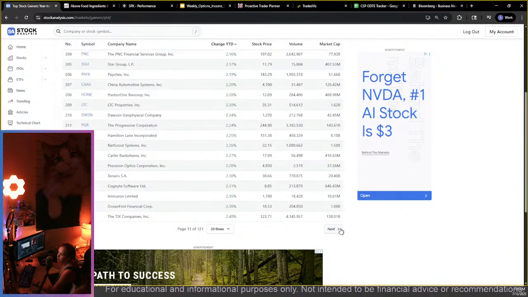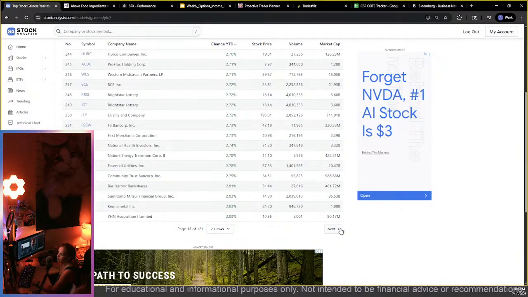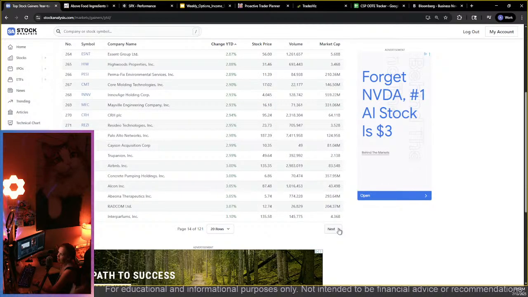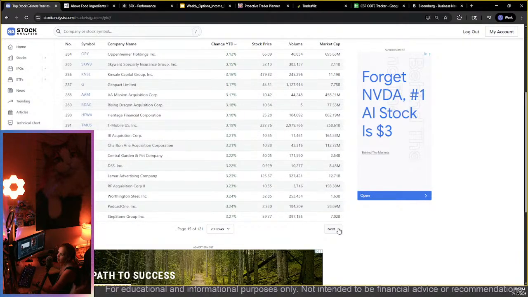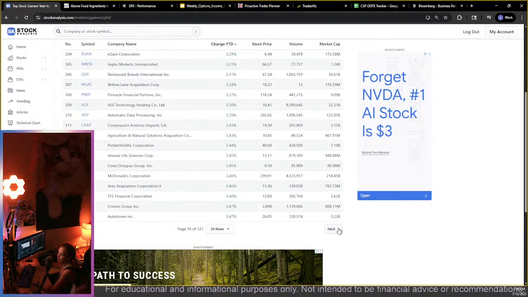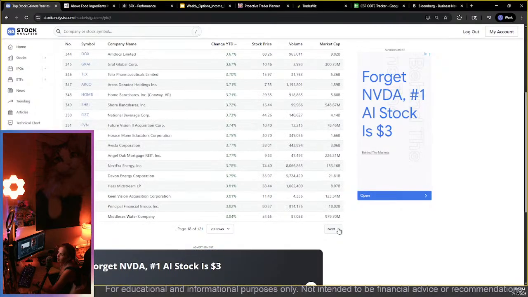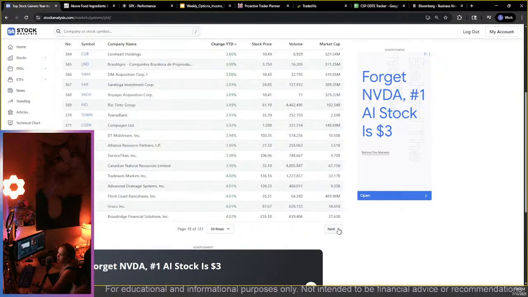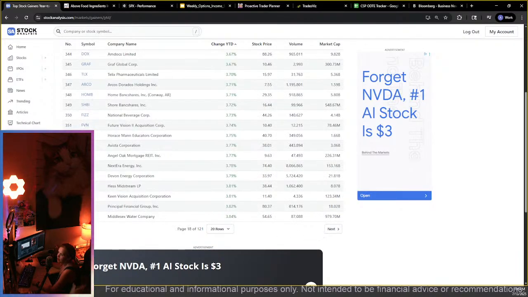So I want to see like 2 to 10%. Things that'll keep going. Really? Oh. Energy.